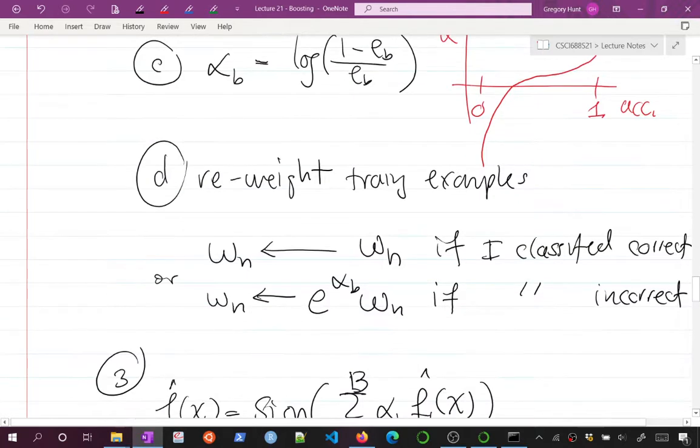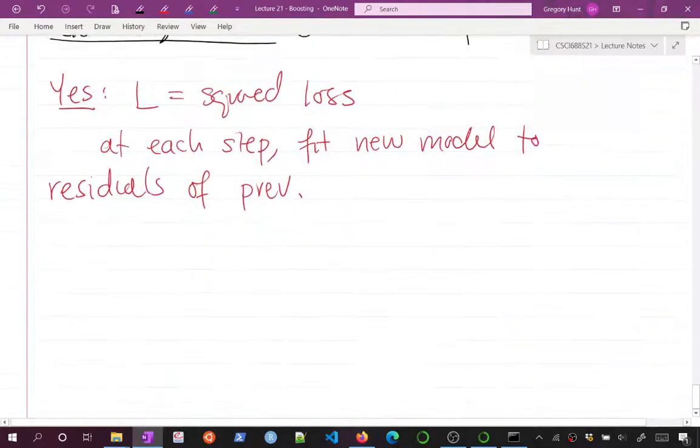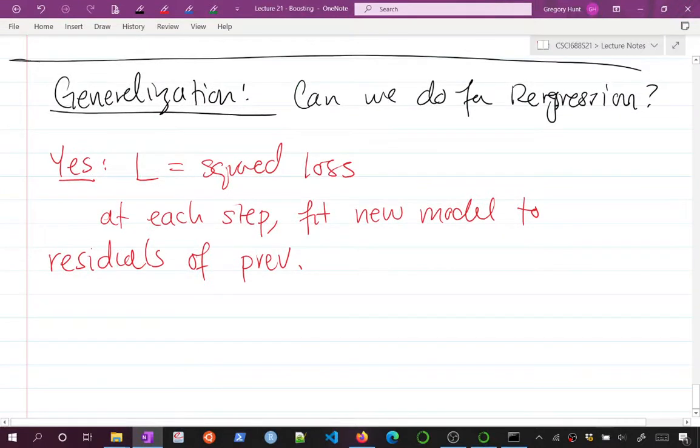In the same way, in the Adaboost algorithm, if we have a very poorly classified example, the next method we build is going to focus on that. And so for a squared loss in a regression context, in step 2a, we're going to fit our new model to the residuals of the previous one, and focus, therefore, on the place we did poorly in the last example.